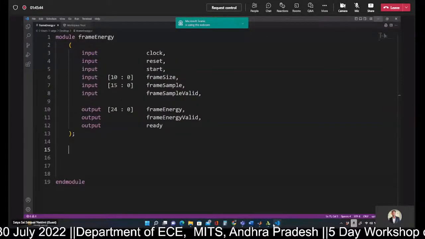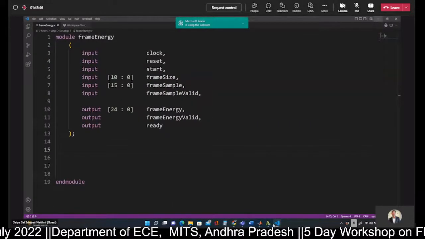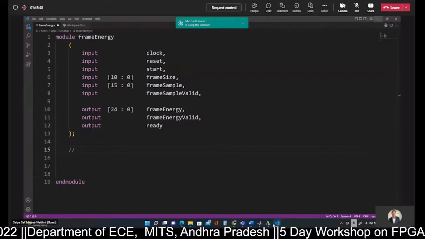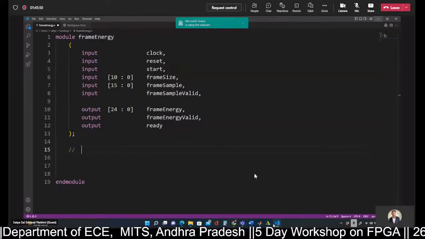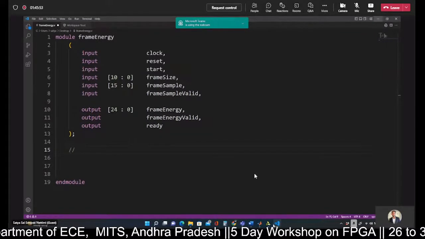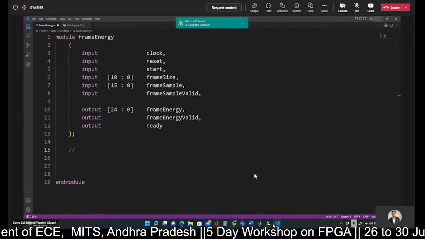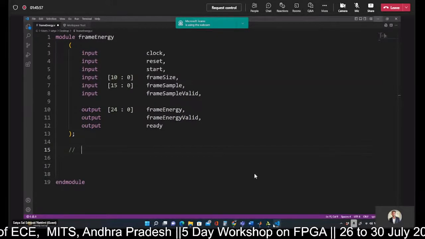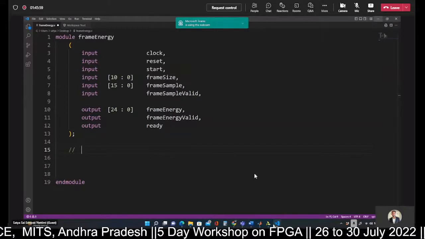Coming to the template, first you have to declare the number of states that you are using in the ASMD. Technically we call it state encoding.